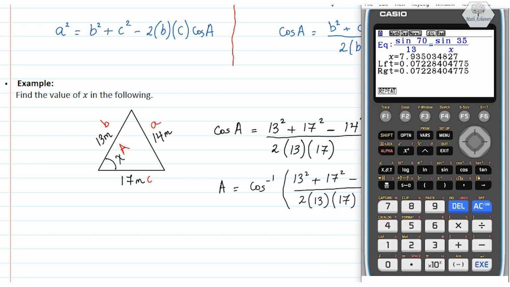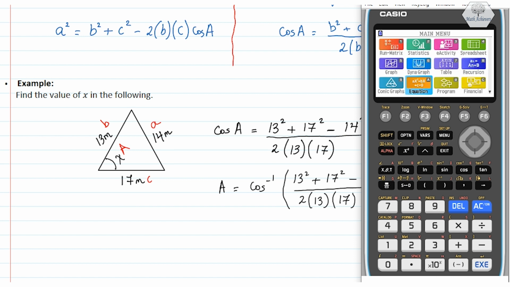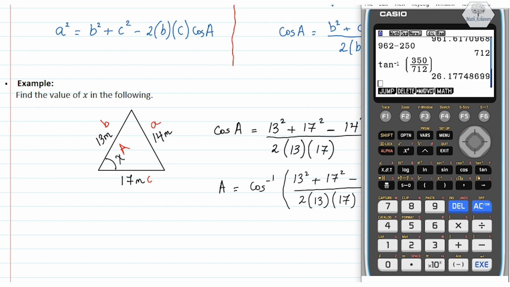You have to check that the graphical display calculator is in degree mode. We go to menu and run matrix, shift cosine, open a bracket and a fraction, 13 squared plus 17 squared minus 14 squared, all of it over 2 times 13 times 17.